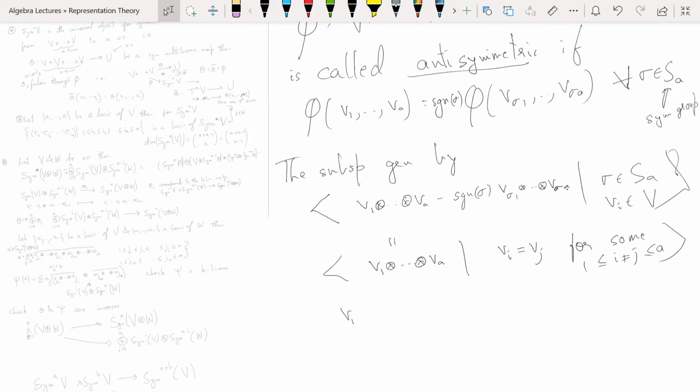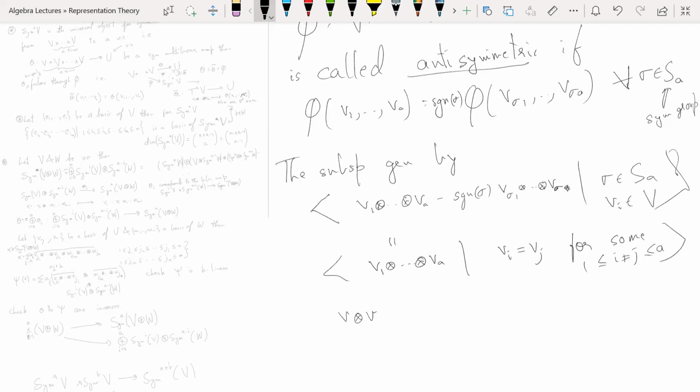This is some observation. The point is, if you consider V tensor V, I want to say that you can write it like this, in this space, and conversely. V tensor V is, of course, in the subspace generated by this.